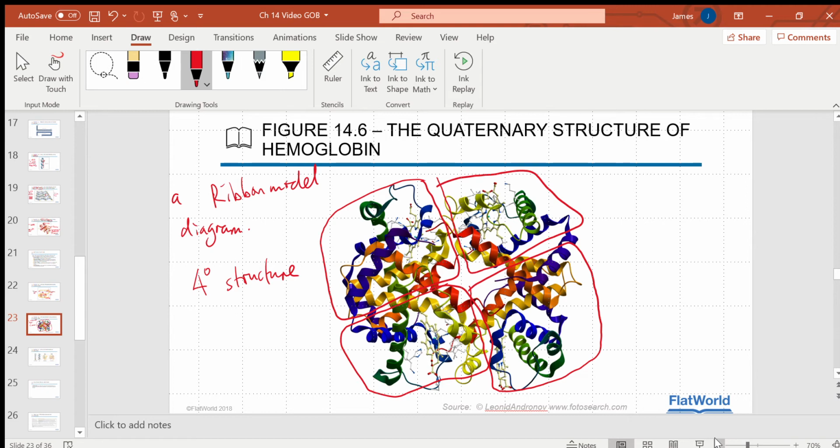So if we look at any one of these collections, I've got alpha helices of different disparate collections. So I've got the green one, the blue one, the gold one, the red one. That alone is an aggregate of secondary. So that alone, the fact that I've got disconnected secondary structure, that's tertiary.